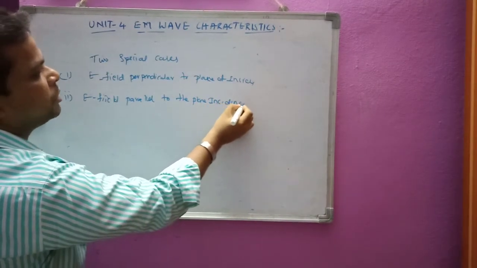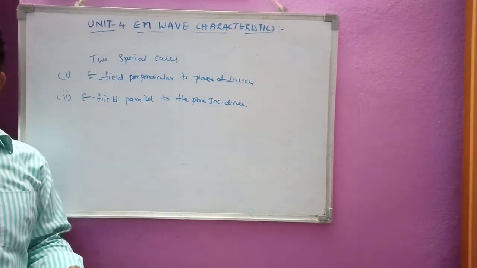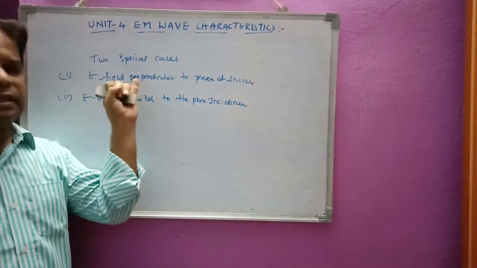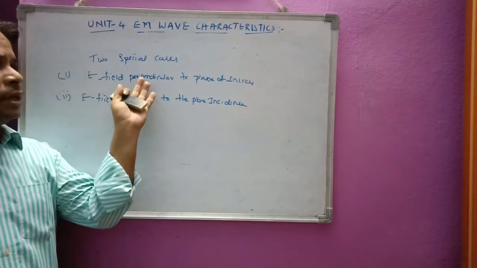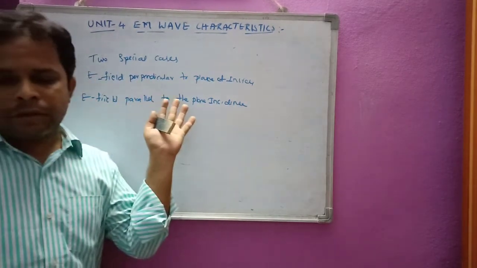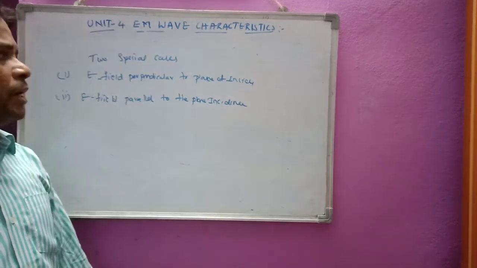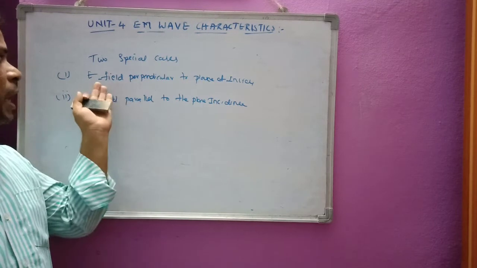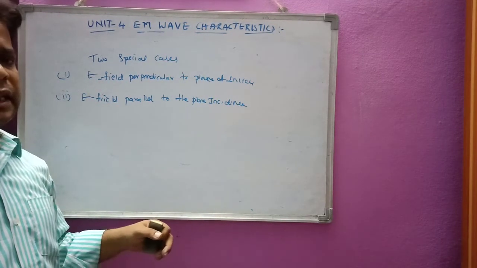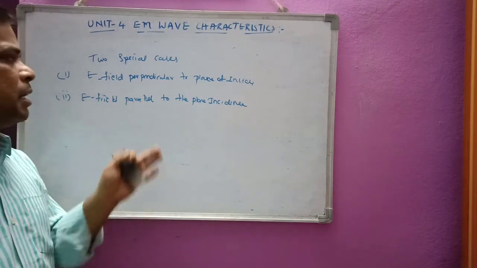Whatever analysis we have seen till now is the general analysis. For this we are going to consider two cases. You can guess these as TE and TM waves. In one case the electric field will be perpendicular to the plane of incidence. In another case we take the electric field parallel to the plane of incidence.